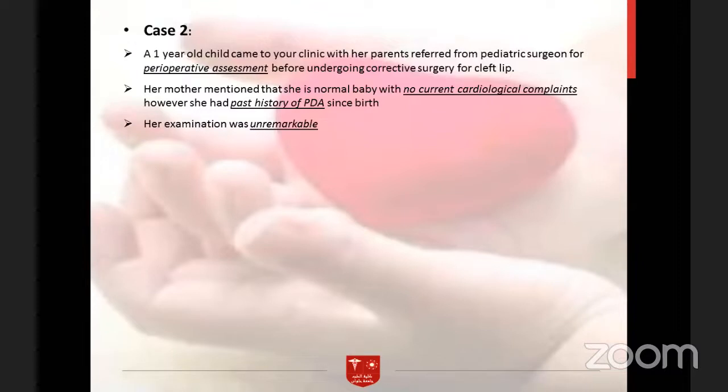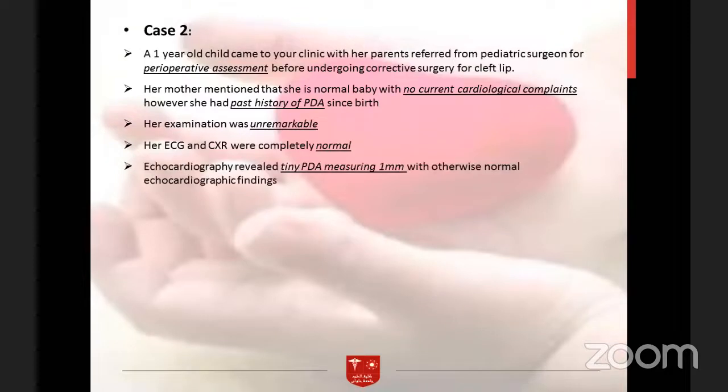Her examination was unremarkable. Her ECG and chest X-ray were completely normal, and echocardiography revealed a tiny PDA measuring 1 millimeter, which was for sure inaudible as her examination was unremarkable, with otherwise normal echocardiographic findings.